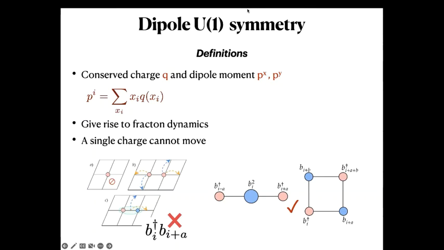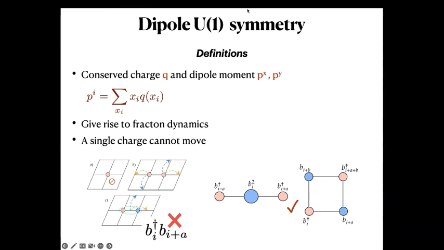In a usual charge-conserving system, the simplest dynamical term we can write down is something like a charge boson hopping term, where we create a charge at some site and annihilate it at a nearby site. Such hopping terms do preserve the global charge conservation, but they will definitely change the total dipole moment of the system.